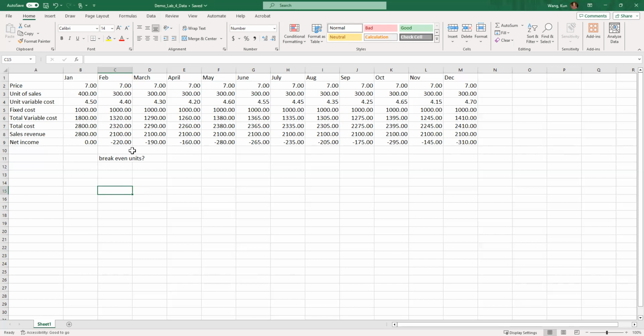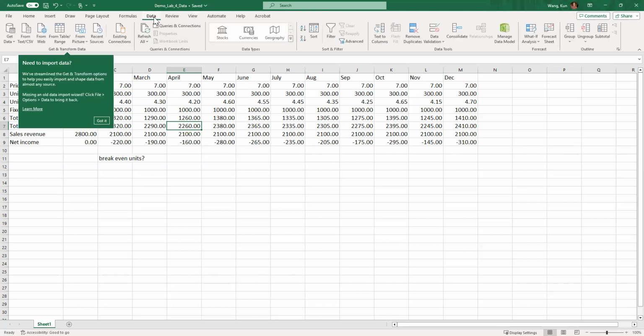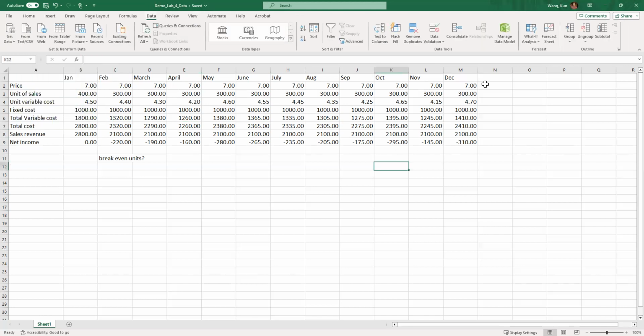To do this, go to Data, and then What-If Analysis. There are 3 tools under What-If Analysis, and we are going to use Goal Seek.